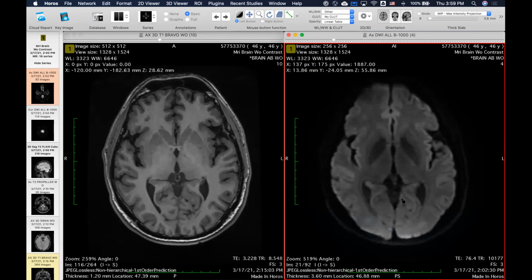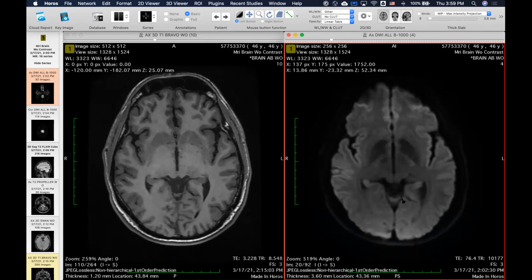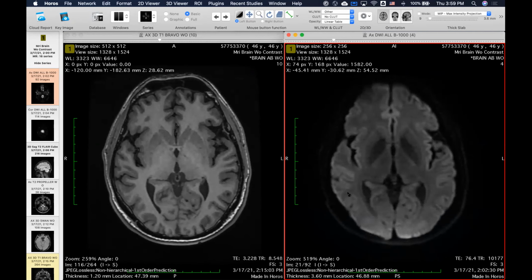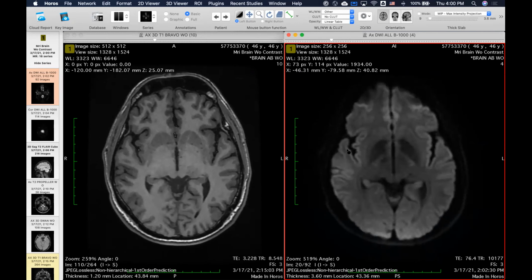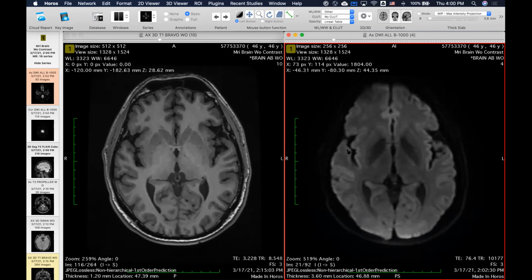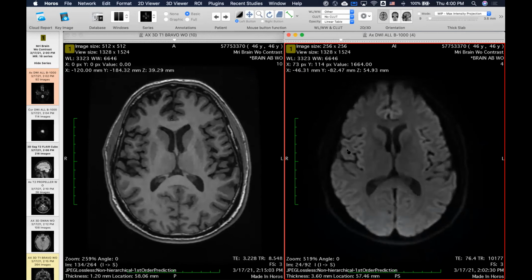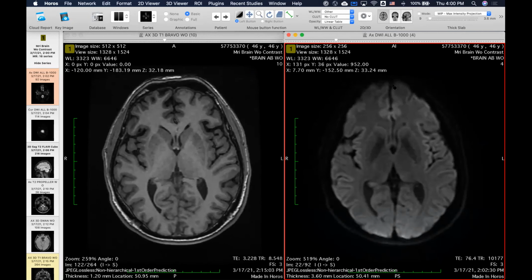And let's see. Oh yeah, so this is actually the interesting part that I want to show you. Look at the head. What do you notice on the right-hand side compared to the left? Look at how far it reaches.